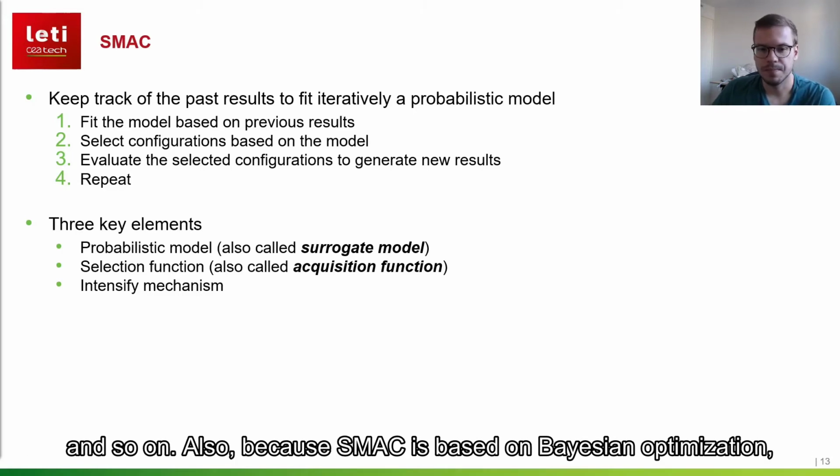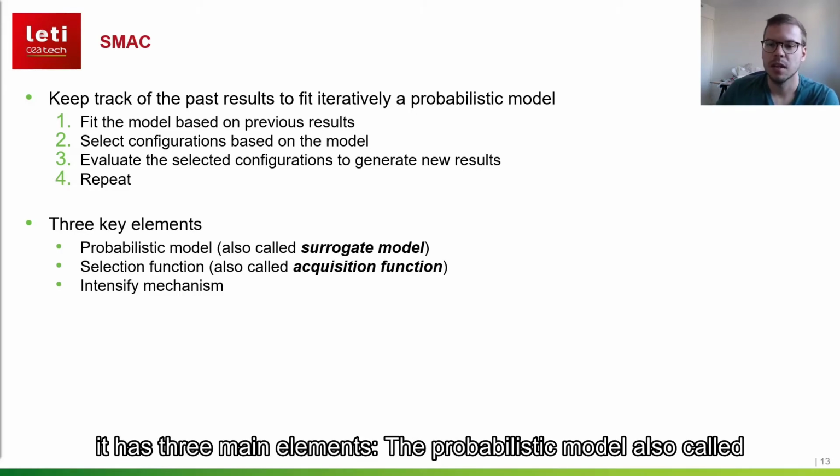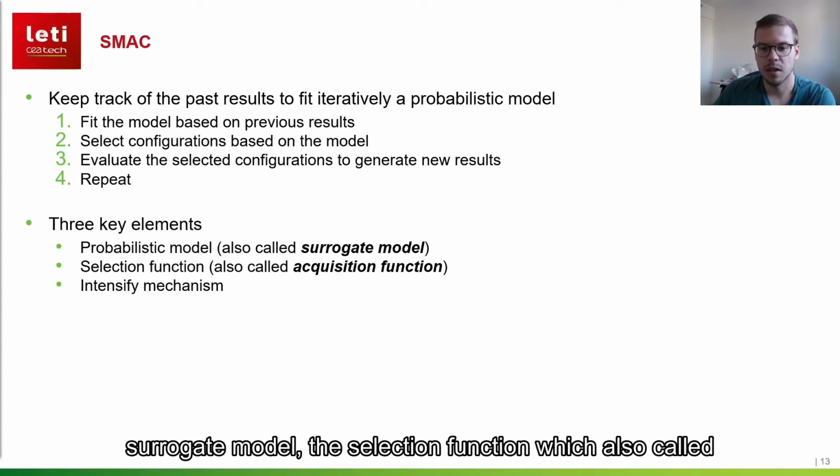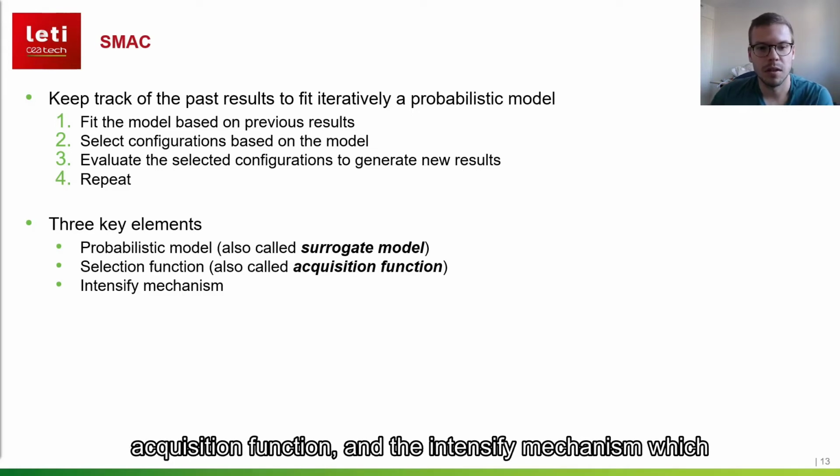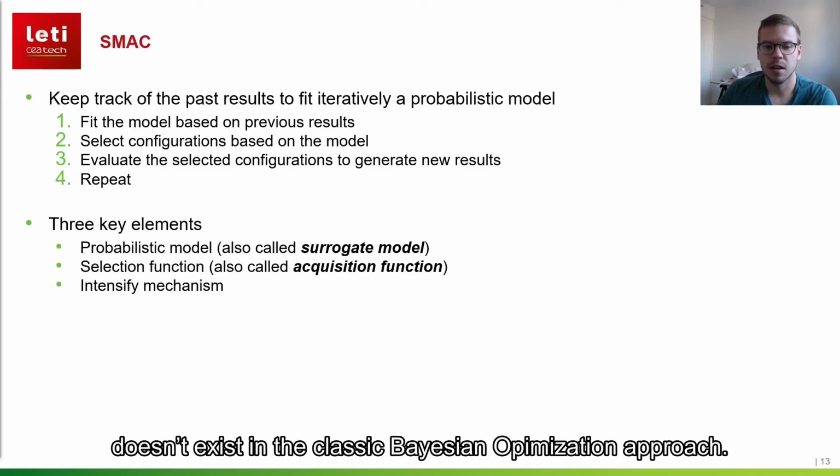And also, because SMAC is based on Bayesian optimization, it has 3 main elements: the probabilistic model, also called the surrogate model, the selection function, which is also called the acquisition function, and the intensify mechanism, which does not exist in the classic Bayesian optimization approach.